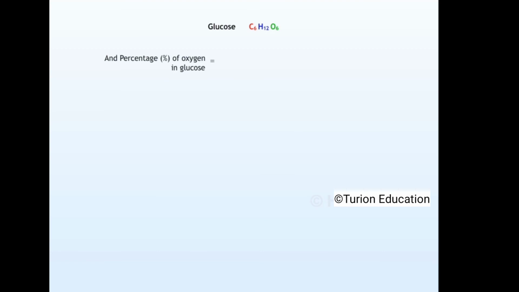And percentage of oxygen in glucose is equal to atomic weight of 6 oxygen atoms by the molecular weight of glucose. This gives us the percentage of oxygen in glucose as 53.33%.